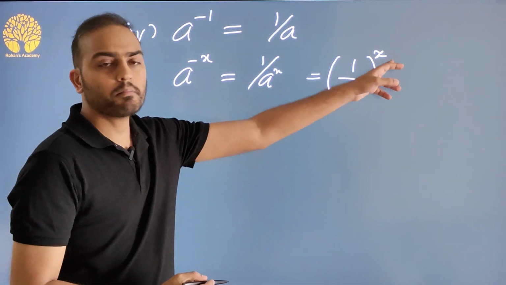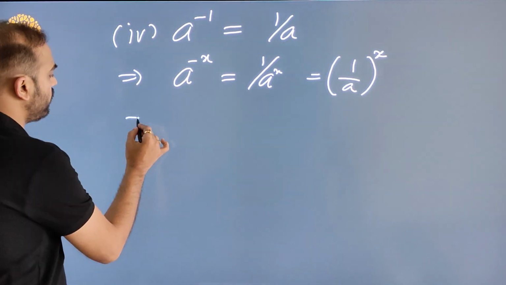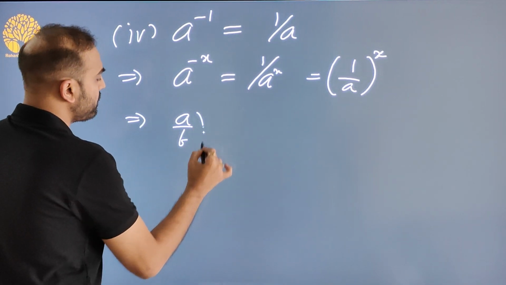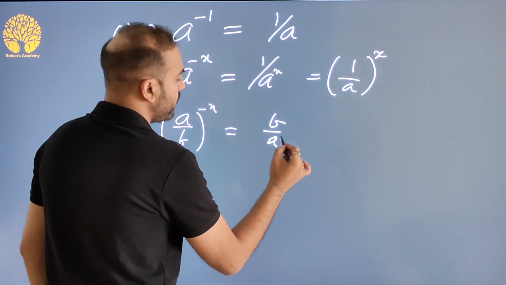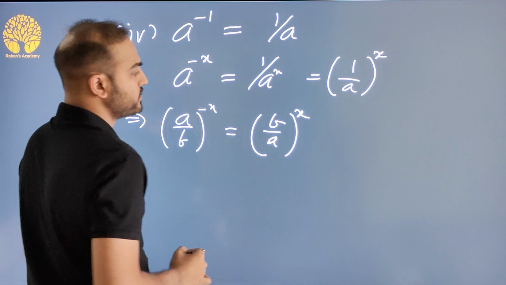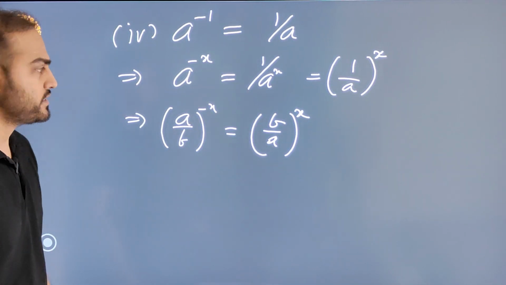This is just multiplication. 1 to the power x is 1 only. Or say a by b to the power minus x is b by a whole to the power x. The same property just written in 3 different forms.